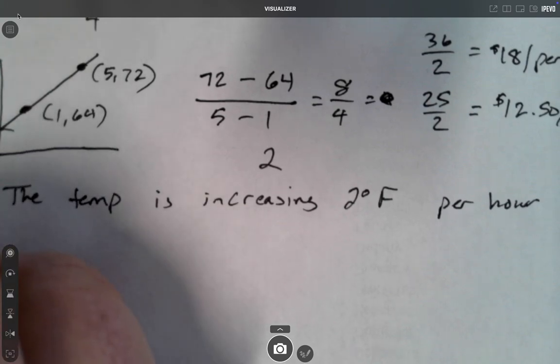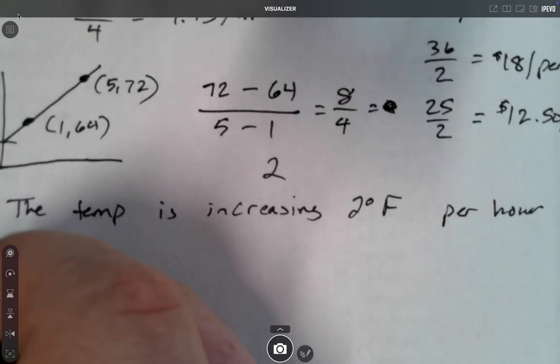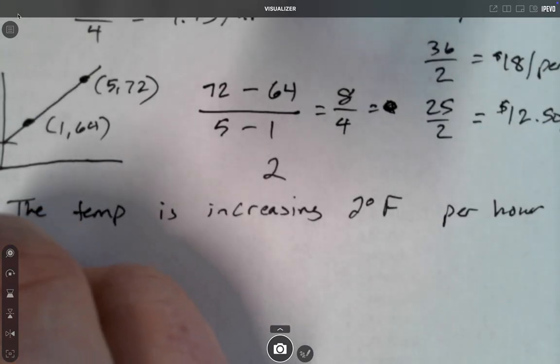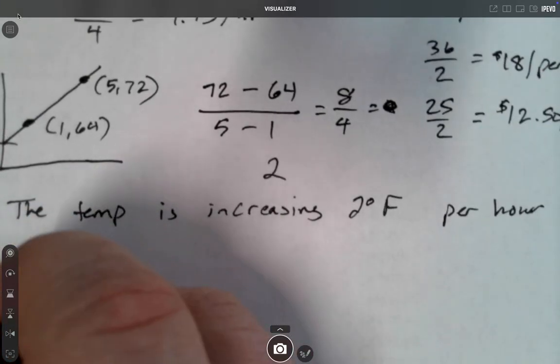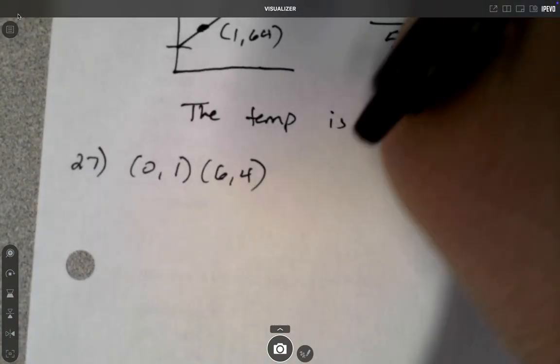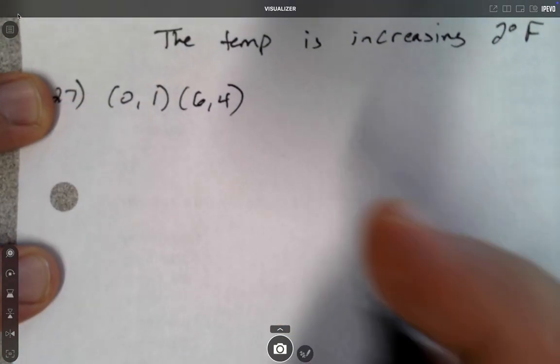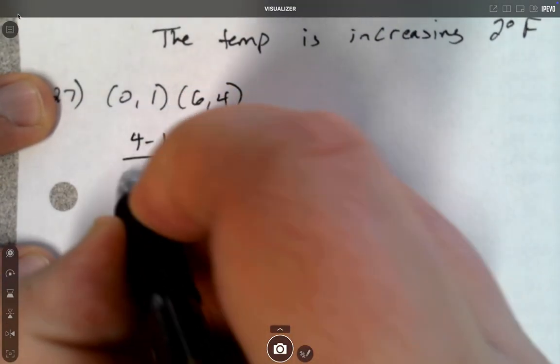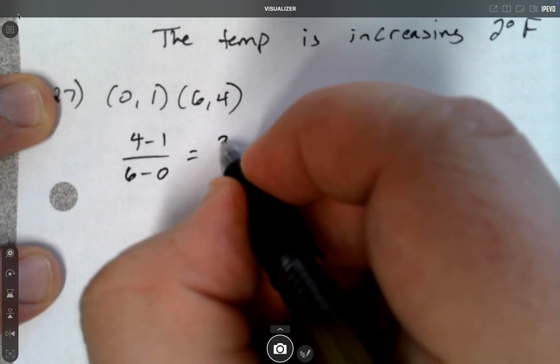Okay, 27. We're finding the slope that passes through this pair of points. So we have the point 0, 1, and 6, 4. So I'll do y2 minus y1 over x2 minus x1.